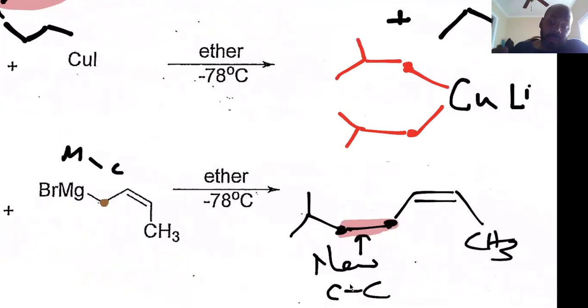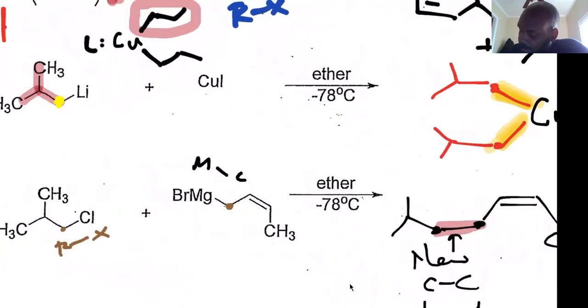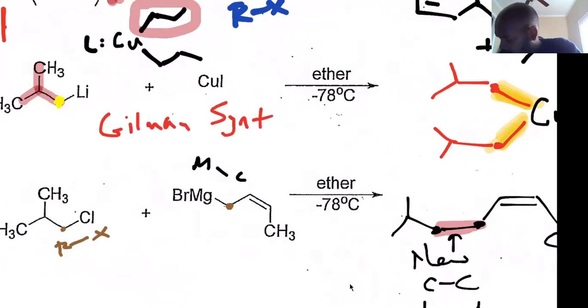The key point is that there has to be a covalent bond between the metal and carbon. That's what makes it an organometallic. So that carbon highlighted in yellow is the carbon that's attached to copper. So this is the synthesis of a Gilman reagent.